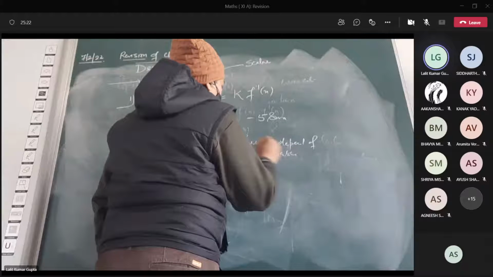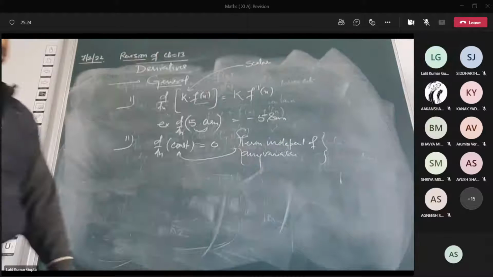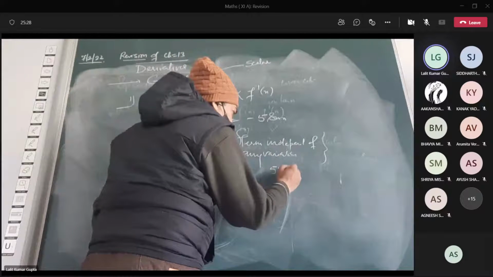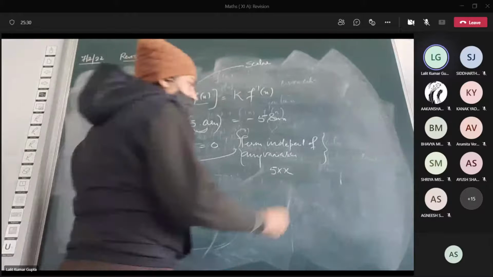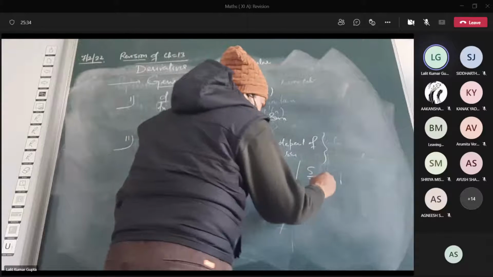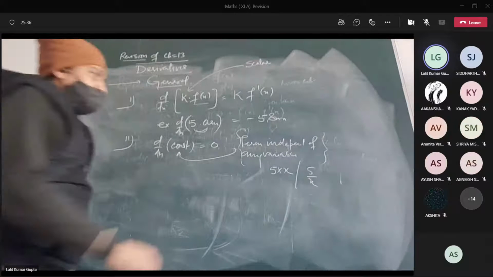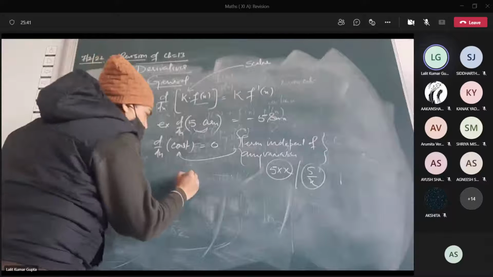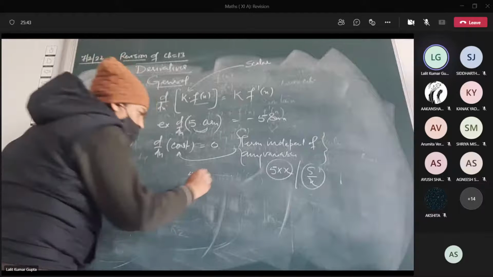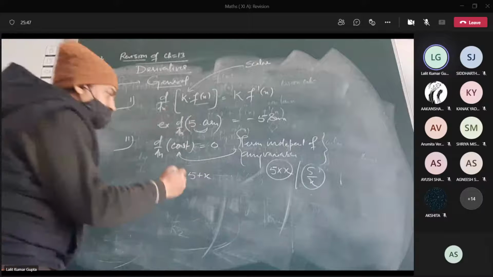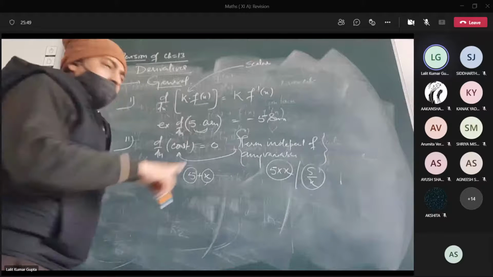This is known as constant, beta. Independent means that the term is not multiplied by any variable and not divided by any variable, because only this thing is known as a term, right? If I am writing 5 plus x, this is the combination of two, one constant, one variable.